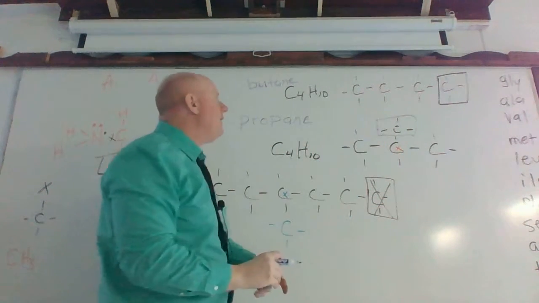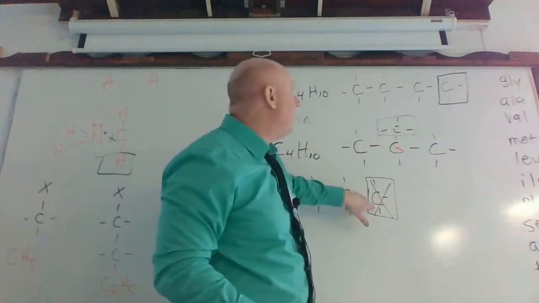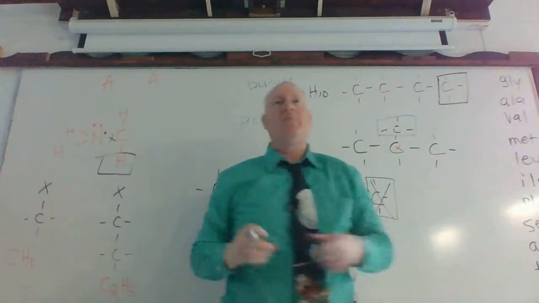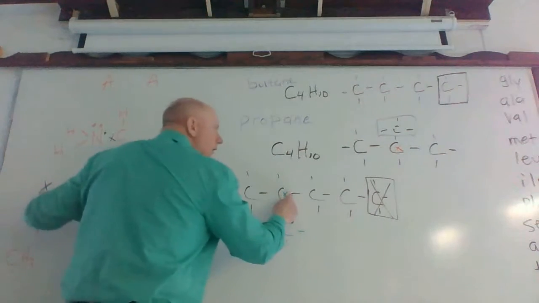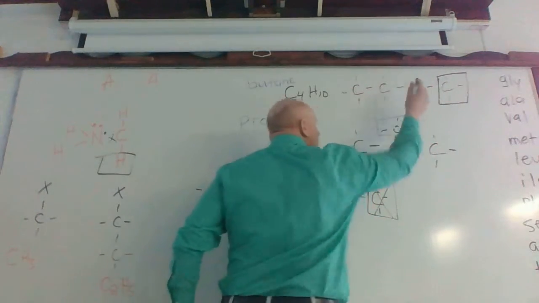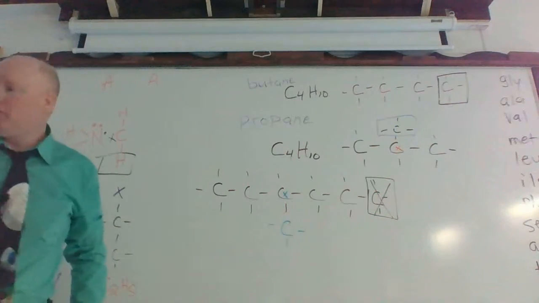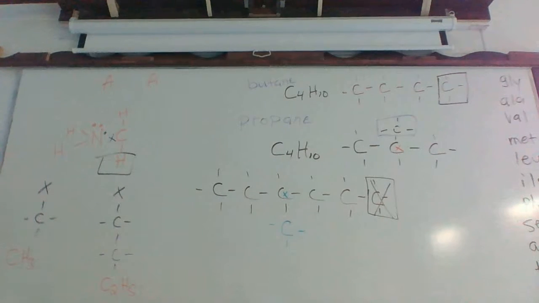Inside this box, what is the molecular formula of that derivative? 1 carbon and how many hydrogens? 3. So it's no coincidence that what we see here is CH3. Now, this X, just like X marks the spot here, is what we call a methyl group.